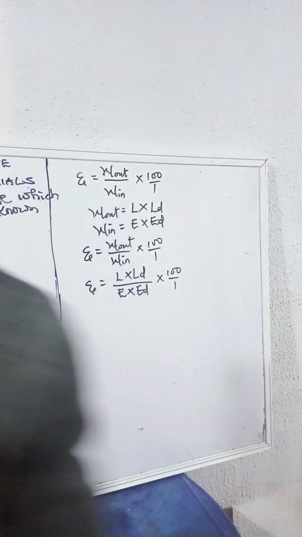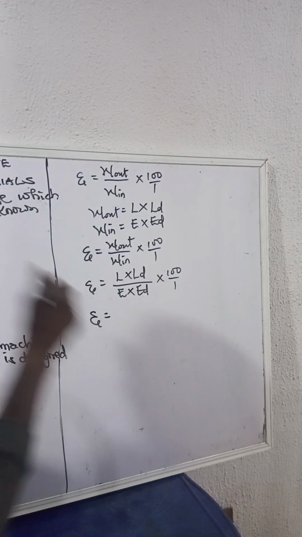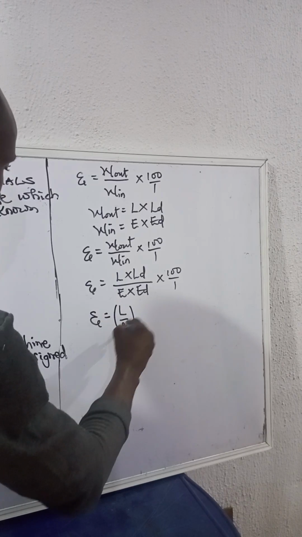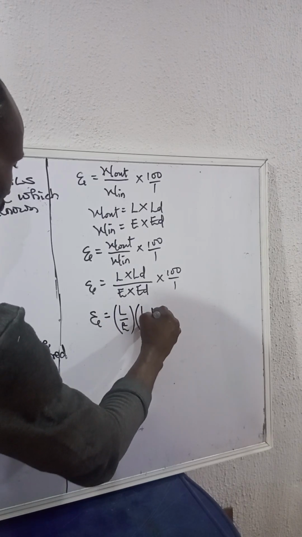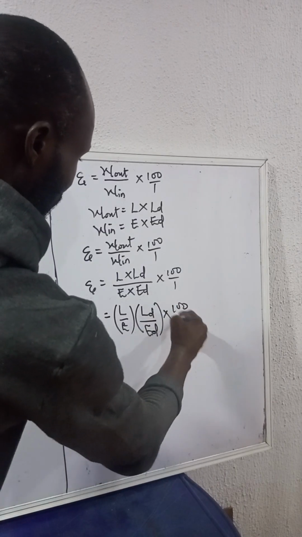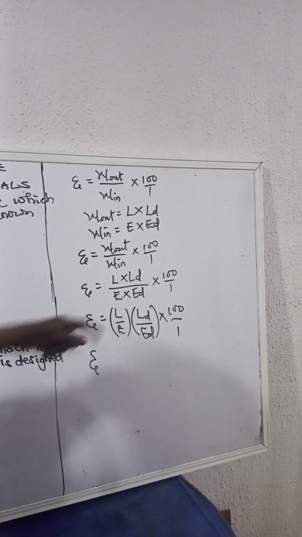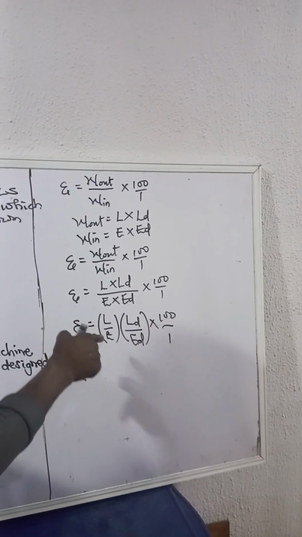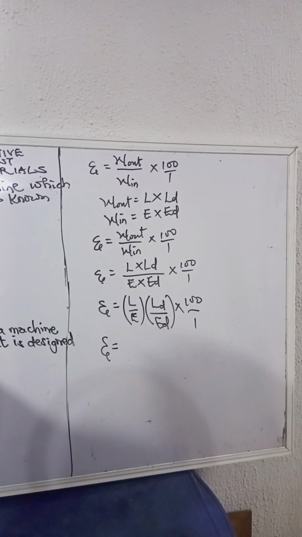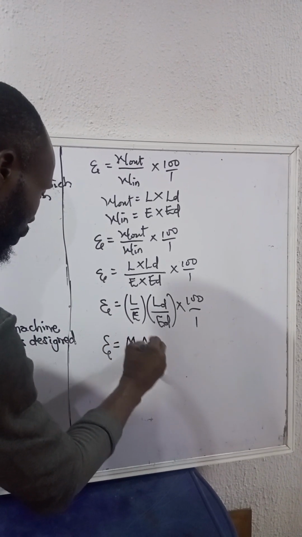From there, efficiency is now equal to, check this one, we can write this as load over effort multiplied by load distance over effort distance times 100 over 1. Now recall that this load over effort we earlier came across. Load over effort is given as what? Mechanical advantage.